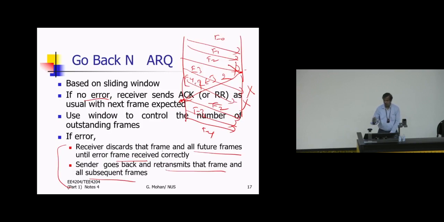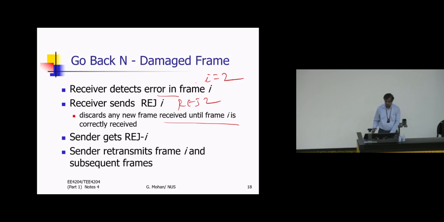Frame 3, frame 4 all discarded, rejected. Now sender gets reject I. Assume that I equal to 2. Now sender retransmits frame I and subsequent frames. So it will retransmit frame 2, frame 3, frame 4 onwards. So that's how the damaged frames are dealt with in go back N.